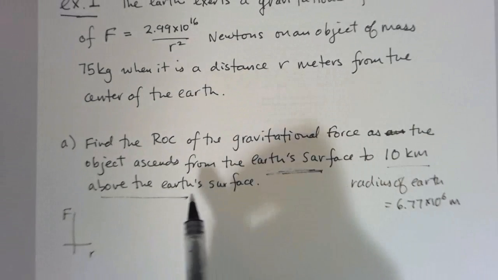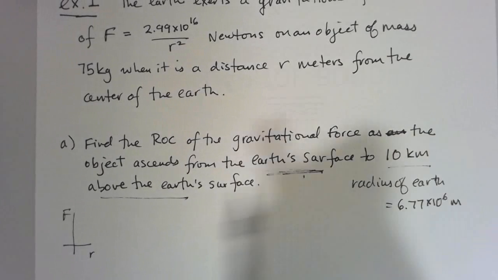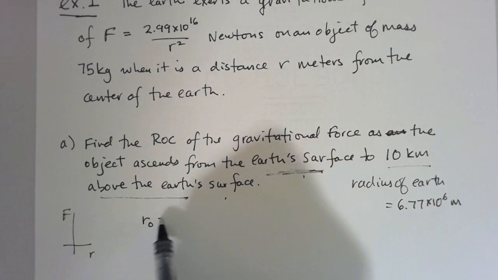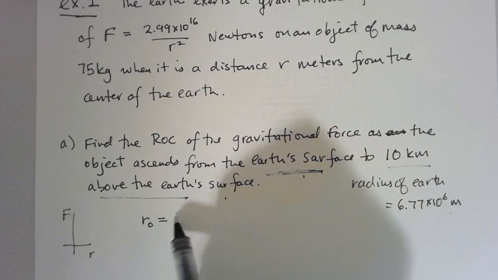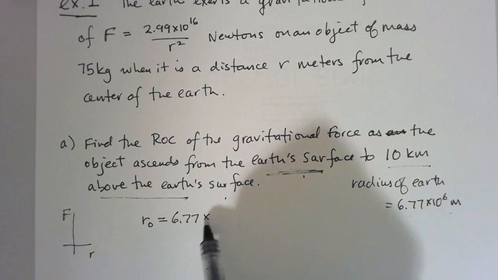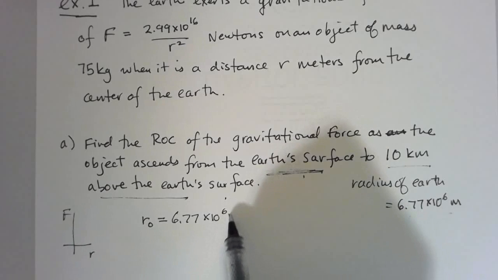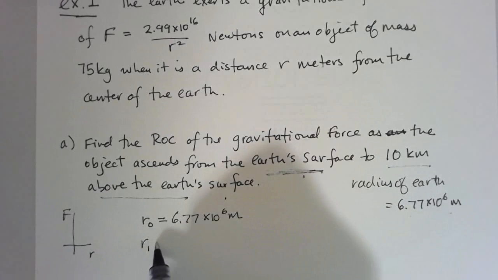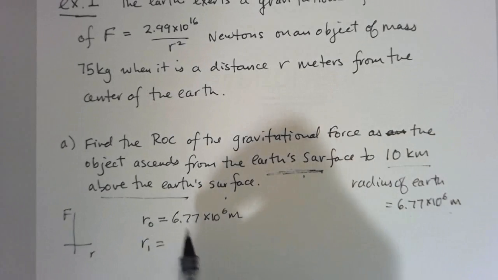So as an object ascends from the Earth's surface to 10 kilometers above the Earth's surface, that means r0 is at the Earth's surface, and r1 is 10 kilometers higher.